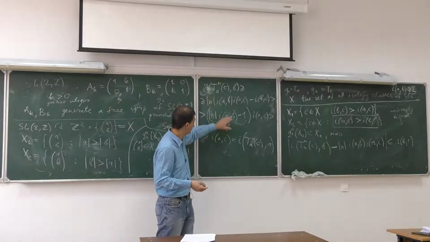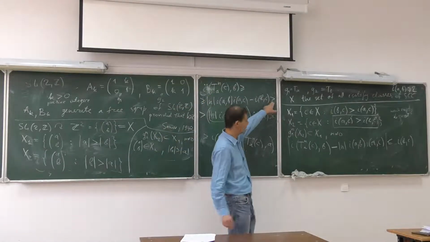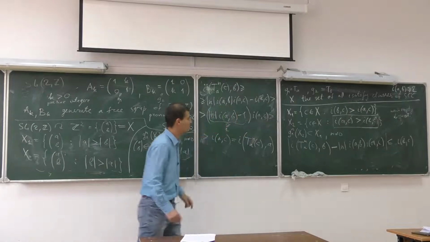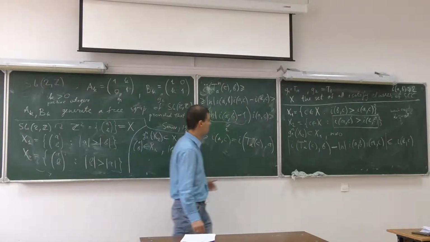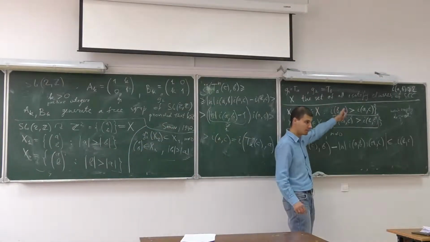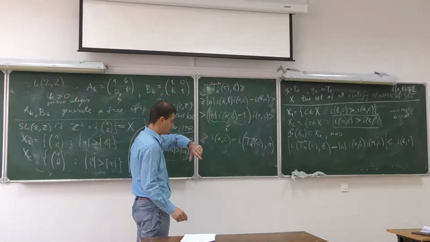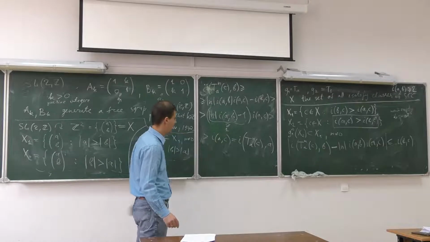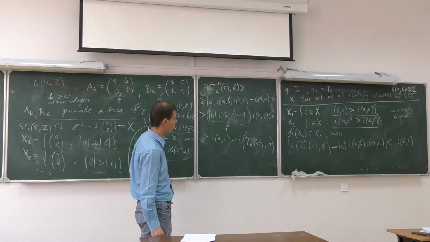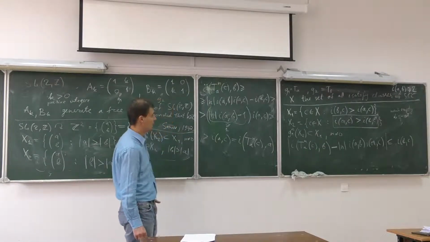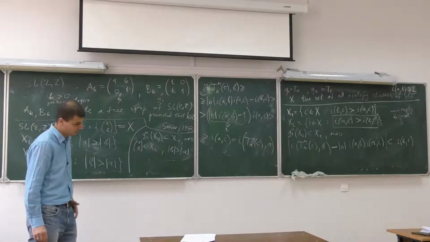So we see that the inequality is strict, since we have here at least one strict inequality, so we get into x1. Well, so this finishes the proof. And we indeed see that the group is free.